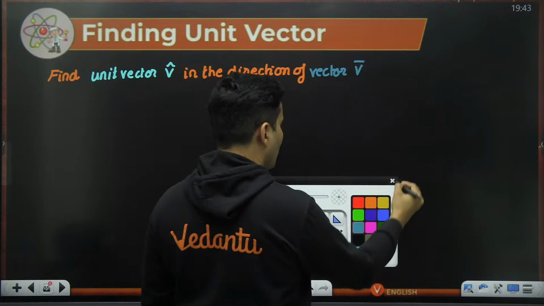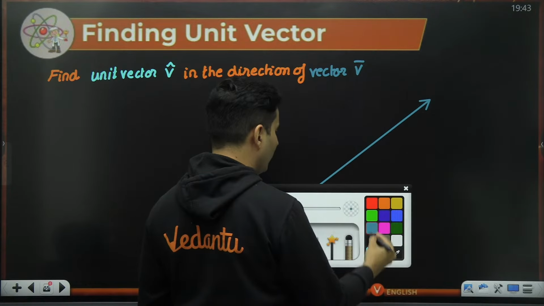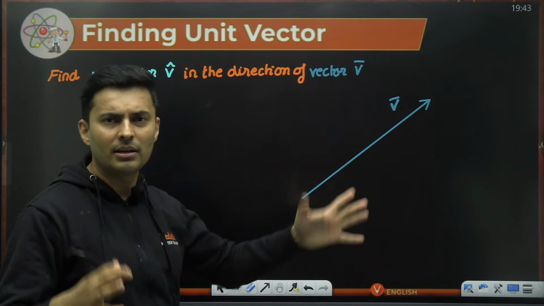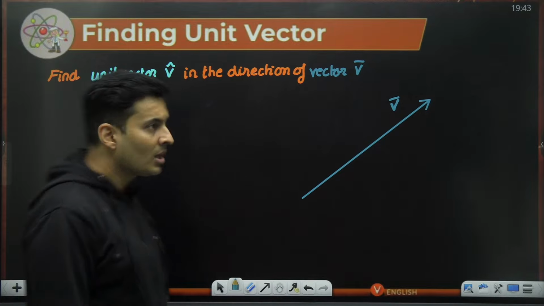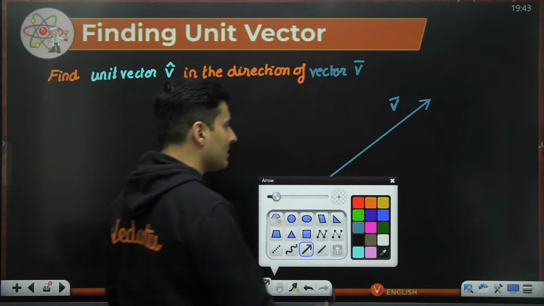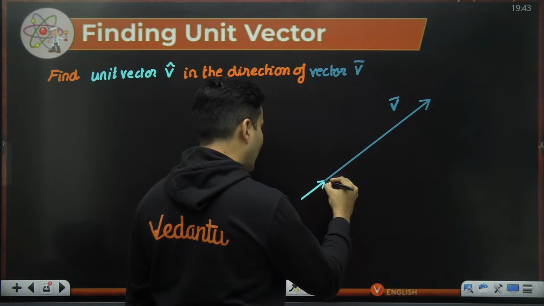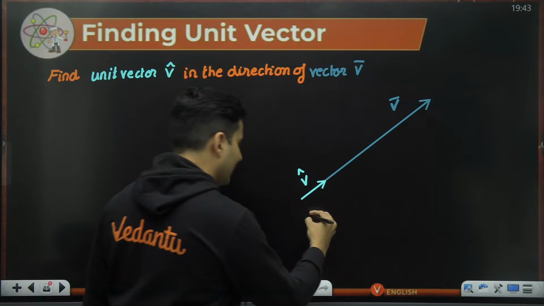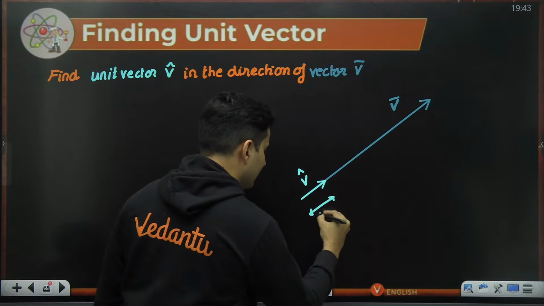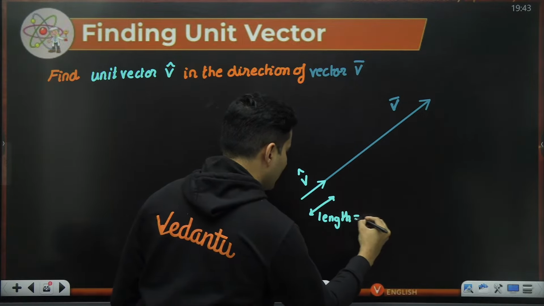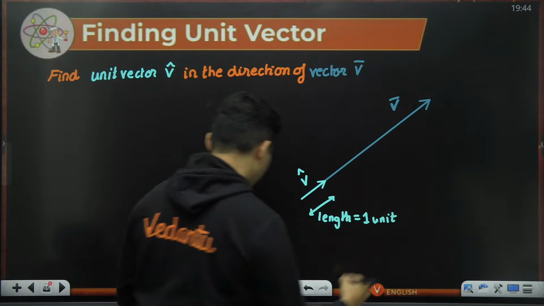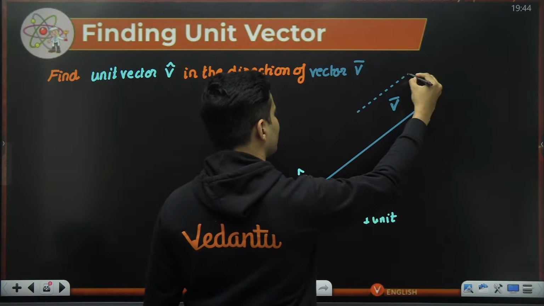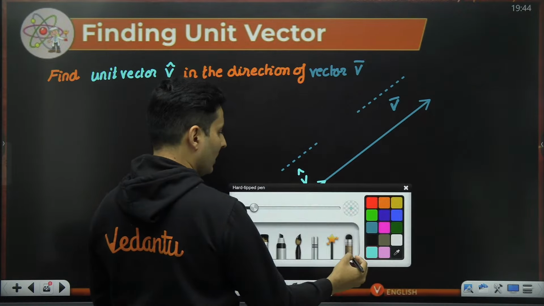Let's understand. I have a vector like this, which I call v bar. It is not a unit vector, it is some length, maybe 5 units, 100 units, 70 units, whatever. A unit vector in the direction of v bar means in the same direction, but the magnitude should be 1. So understand, this length is basically 1 unit. But if you ask me what is this entire length, can you guys quickly think and tell me?